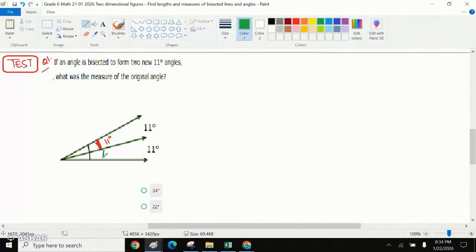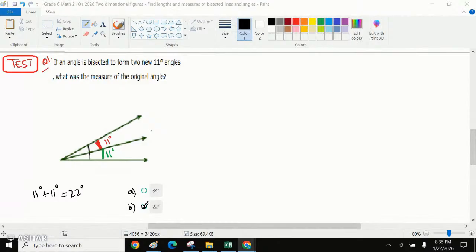So what would be the answer for the original angle? Yes, thank you. If this is option A and option B is the correct one, that is 22 degrees, option 2. Thank you, Peace. Thank you, Brighty. And thank you, Princely. So we click on 22. That would be the correct answer.